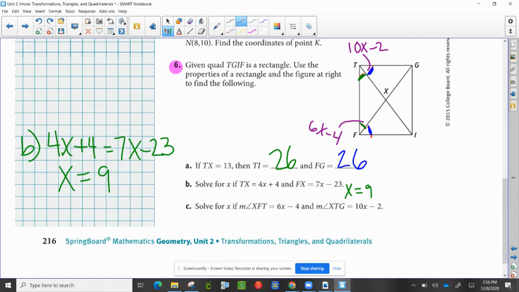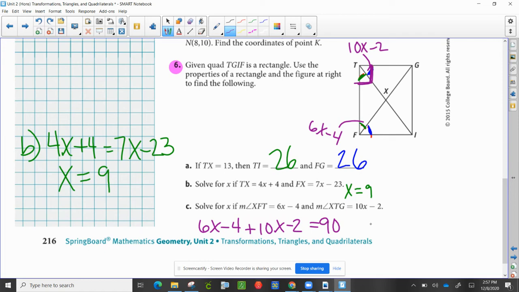If we add them together, what is the whole measure of this side? Well, if it's a rectangle, it's 90 degrees. So to set up this equation, I'm going to take 6x minus 4, add it to 10x minus 2, and equal it to 90 degrees. Because those are two angles. If we add them together, they're going to give us that right angle property for a rectangle.